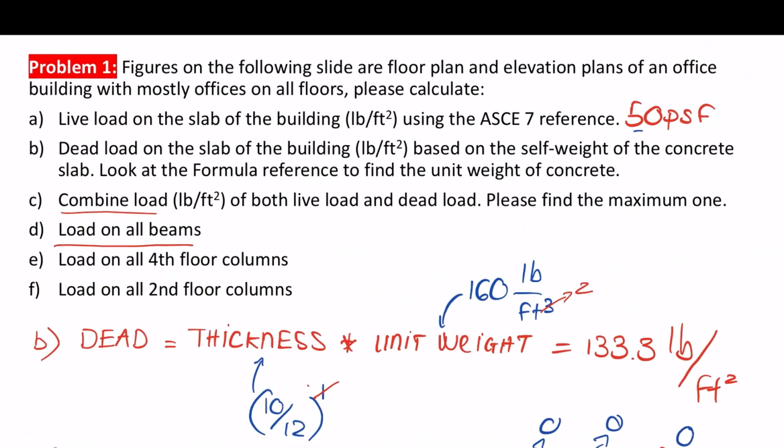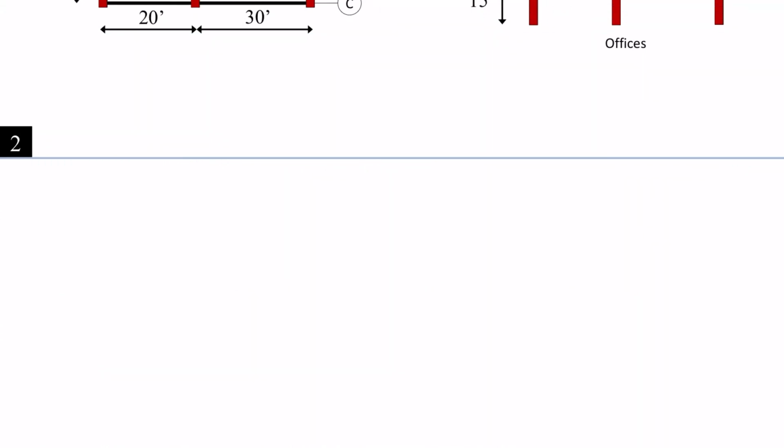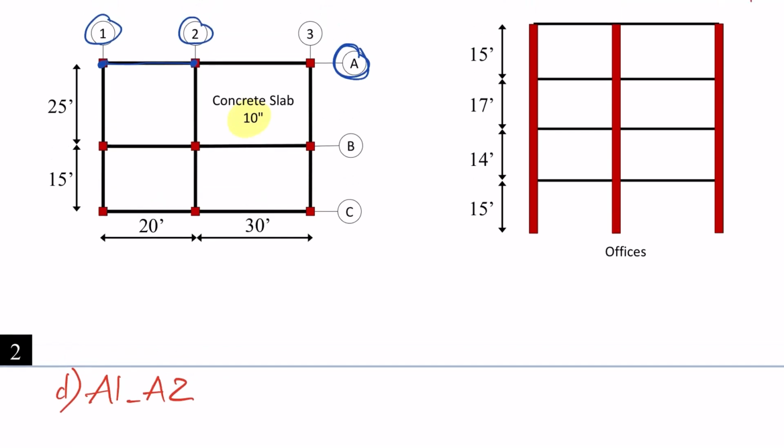This is question D, right? For D, I will have beam A1, A2, and then from here to here I will have beam A2, A3.